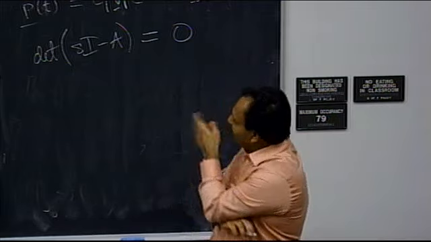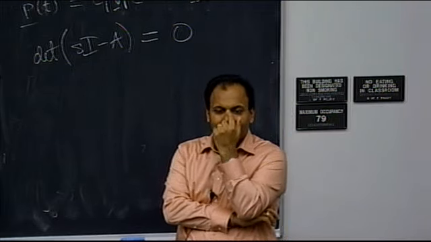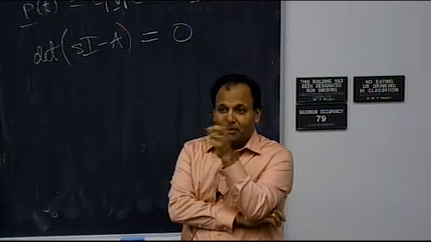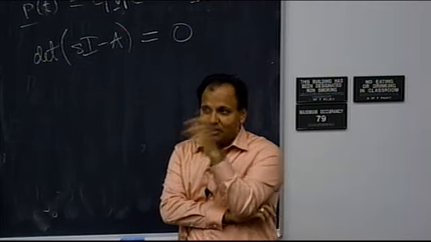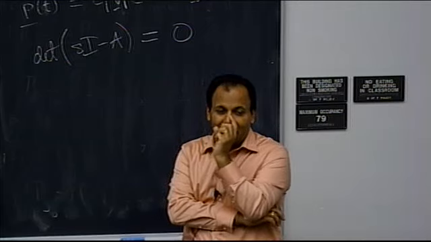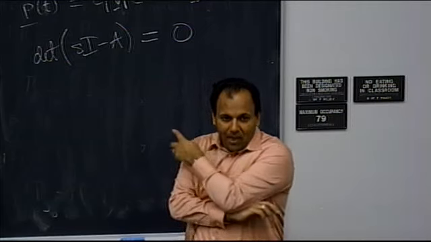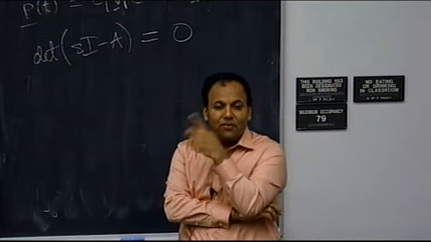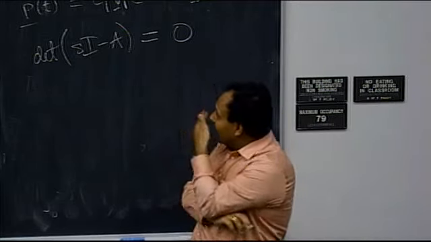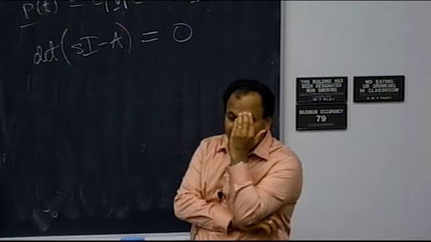Why is it that determinant is 0? By the way, I'm helping you out here. This has nothing to do with optimal control, but at some point, some of you are going to take a qualifying exam, and you're going to have to answer questions like this, right? Why is it that determinant is equal to 0 if s is an eigenvalue of that matrix A?